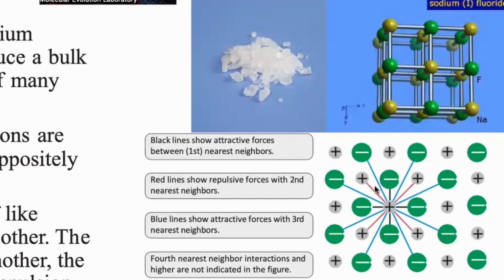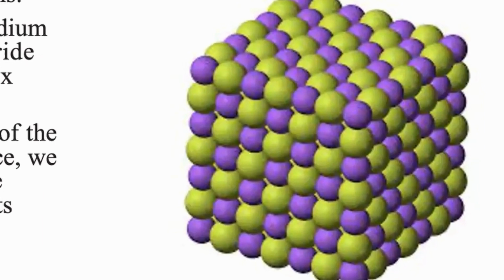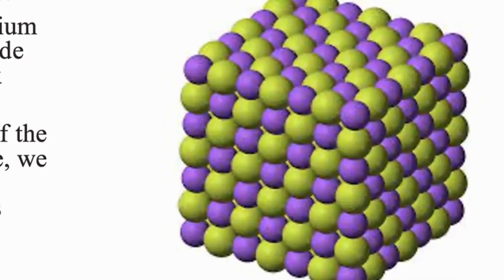The red line shows the repulsive force between the second nearest neighbors. The blue line shows the attractive force between the third nearest neighbors. So this basically shows that in a lattice structure, you will have repulsive as well as attractive forces between the ions. The lattice energy of a crystal contains contributions from all of the attractions and repulsions.